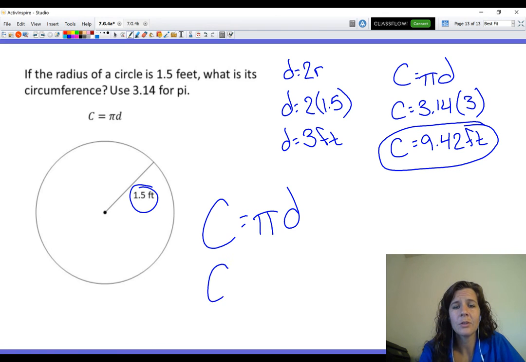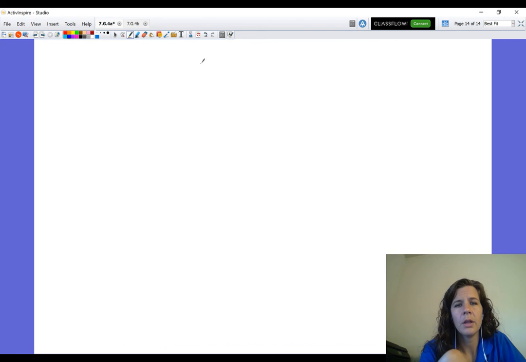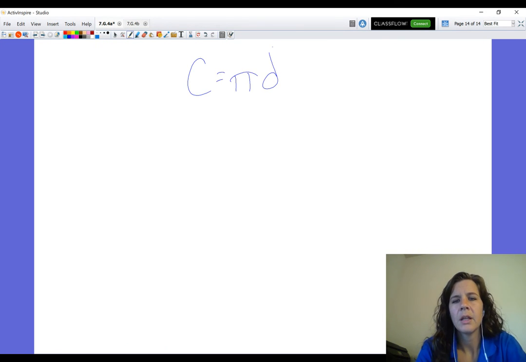Sometimes you'll see it as circumference equals 2 times pi times radius. Let me show you where that comes from. So we have circumference equals pi times diameter. And remember, diameter equals 2 times the radius.